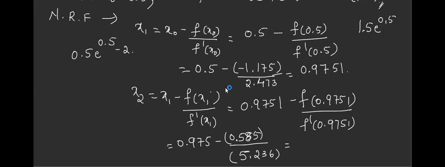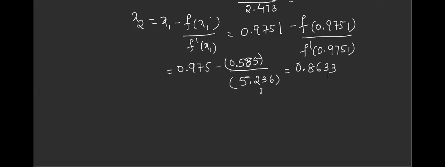This decreases and this increases, so the answer is 0.8633. Just see the difference here. Here the difference is 0.4, now the difference is 0.1. So when you repeat, the difference keeps reducing. Calculate x3.